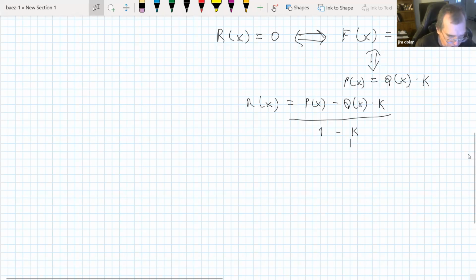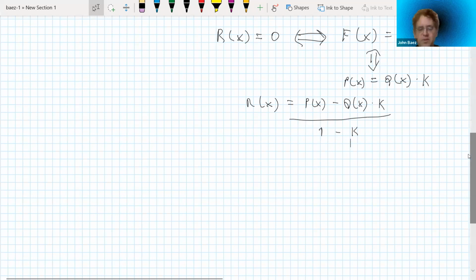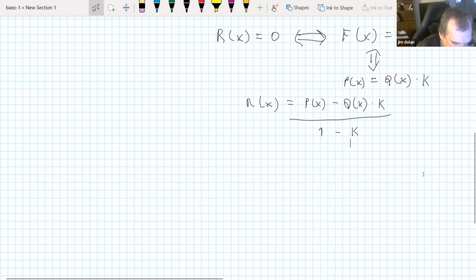Sorry, I was thinking how great it was that this is nice even when k equals infinity, but it's terrible when k equals 1. What do you mean terrible? Well, you get dividing by 0 and the thing on top is not at all 0.